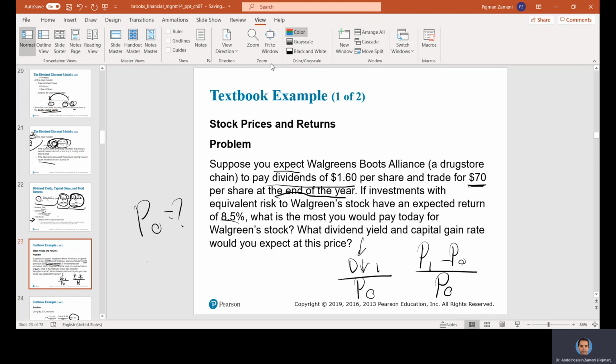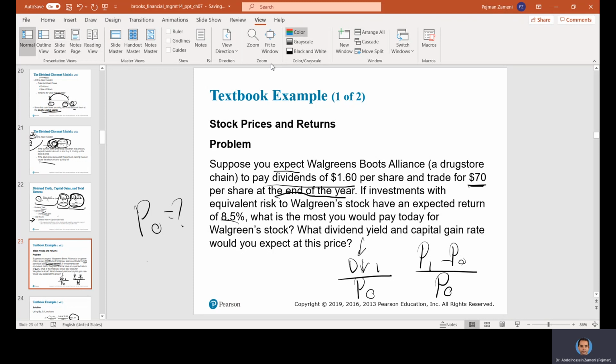Let's see an example. Suppose you expect Walgreens Boots Alliance, a drugstore chain, to pay dividends of $1.60 per share, and that would be D1 actually, because you expect to receive it, and trade for $70 per share at the end of the year.